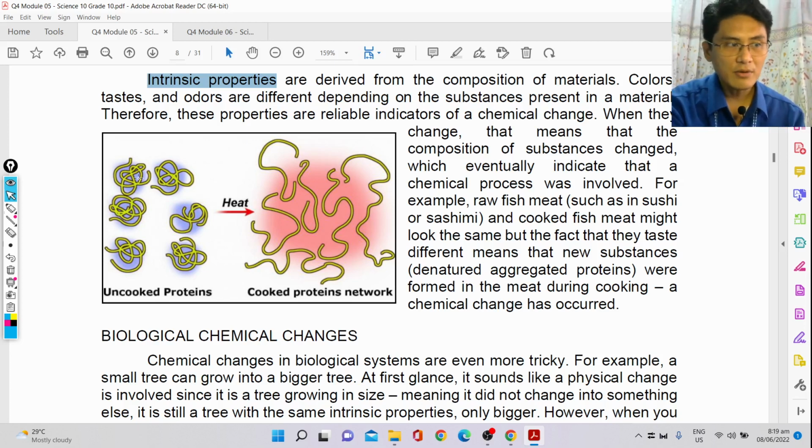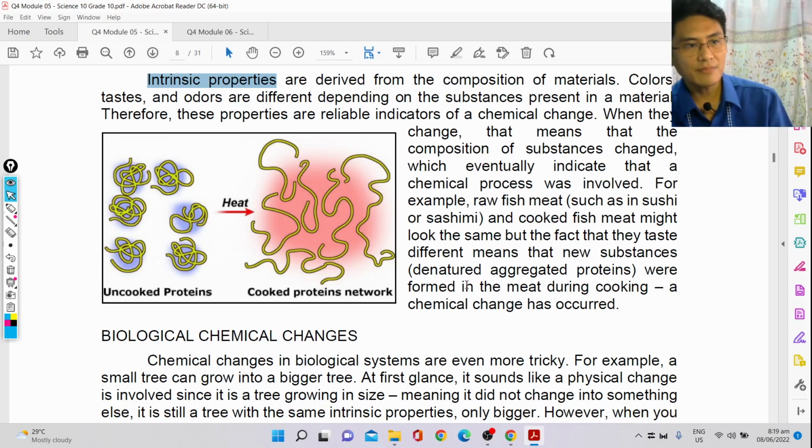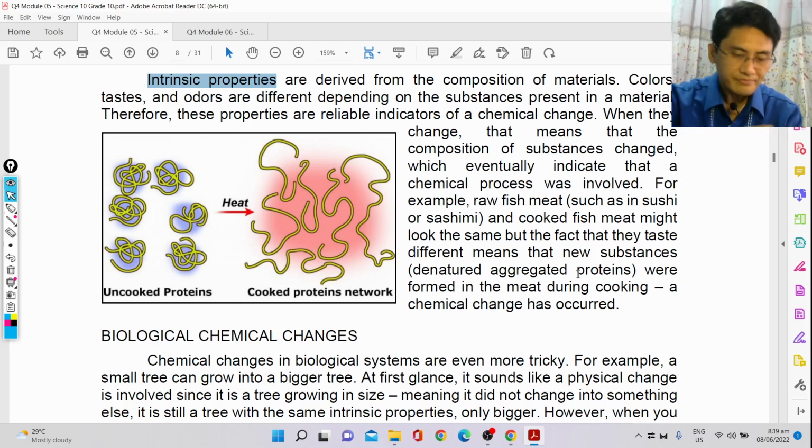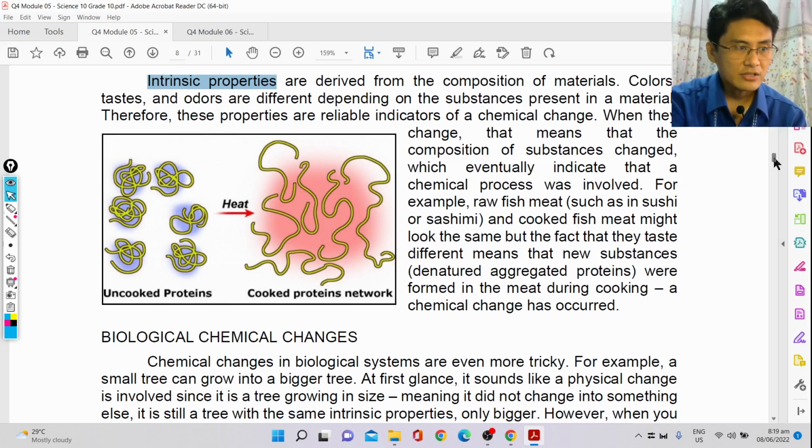For example, the substances in the fish are the proteins, of course. And the proteins now become denatured and aggregated. And remember, meaning they unfold, they are snipped into different places, so they are not in one whole structure anymore. So that's a chemical change.